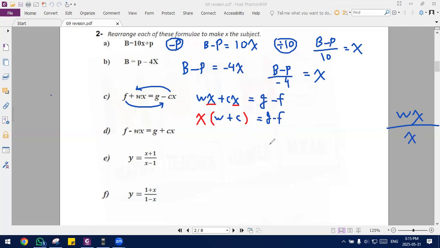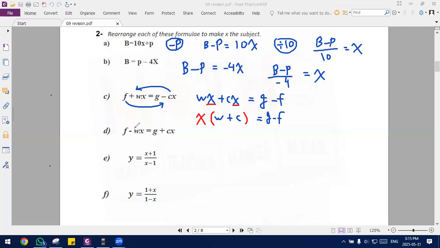So I took x as a common factor. Now, next to x, what do I have? w plus c. What's the operation between x and w plus c? Multiply. So what do we have to do?